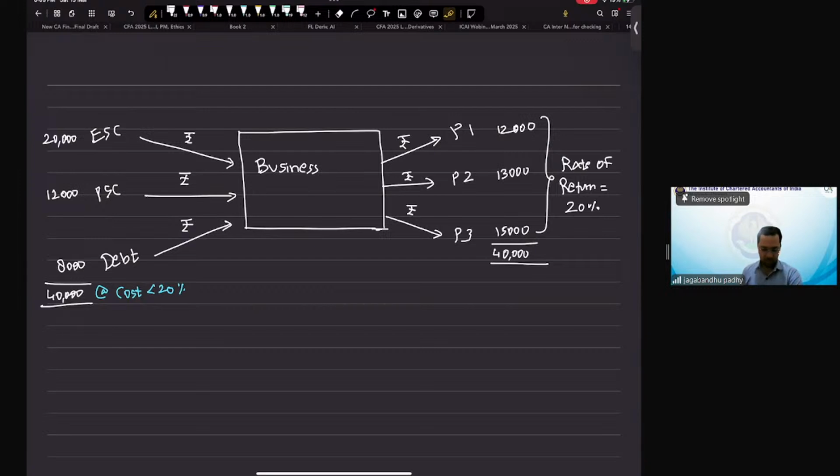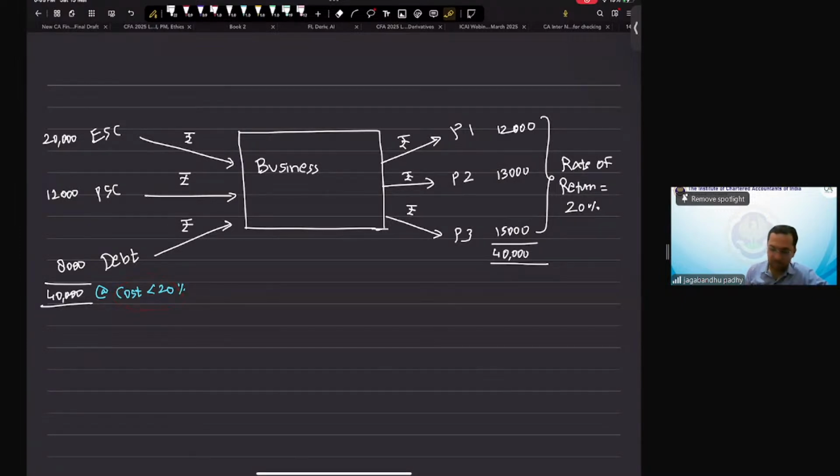So if we say that the cost should be less than 20%, it's quite important to understand how you measure the cost of these funds. And it's equally important to understand what rate of return you're going to earn, and also measure what is the cost of these funds.